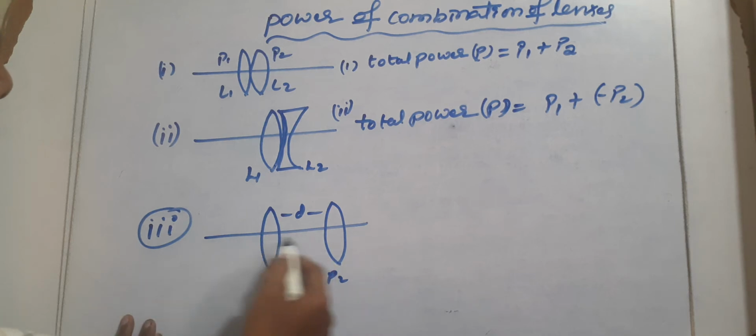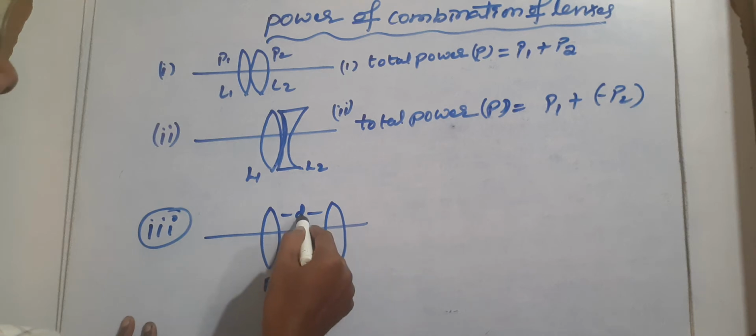Now in the third case, two convex lenses are fitted onto the common principal axis with a gap d. The distance between them is d.